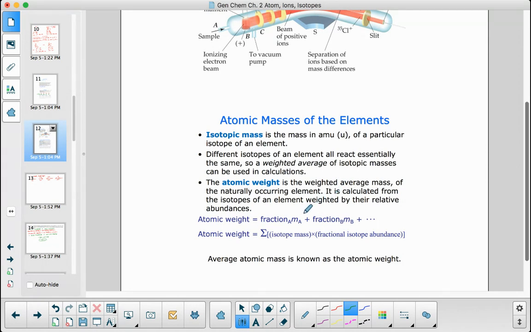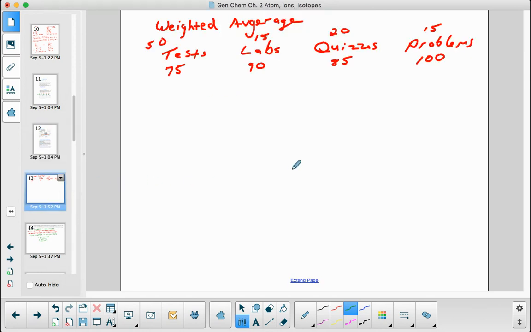The value that you see on a periodic table is always the weighted average of all of the naturally occurring isotopes of that particular atom. I'd like to do a couple of examples of this with you, because if you have never done this before, it can be a little bit difficult.